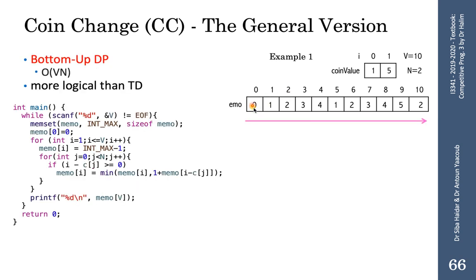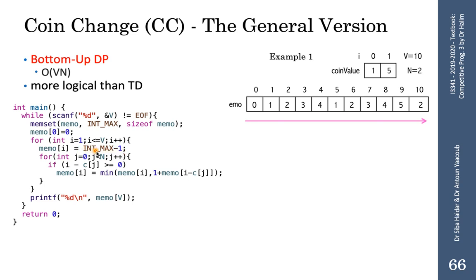So why not begin by calculating the states from 0 and up? This is the bottom-up approach. We will initialize memo to a maximal value and memo[0] to the base case 0, and then going from i equal 1 to the maximal value that can be asked for, we can do memo[i] equal to a big value.